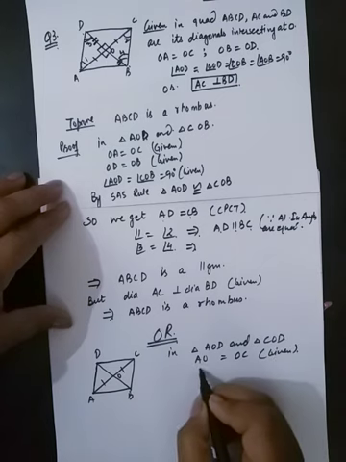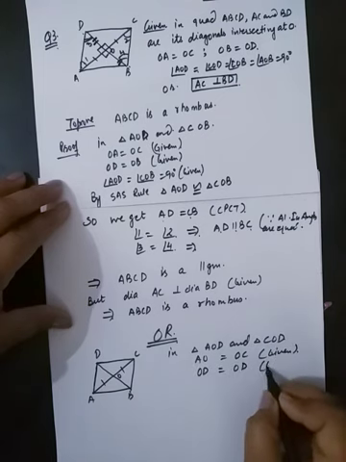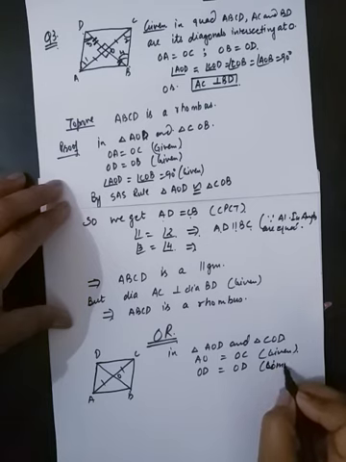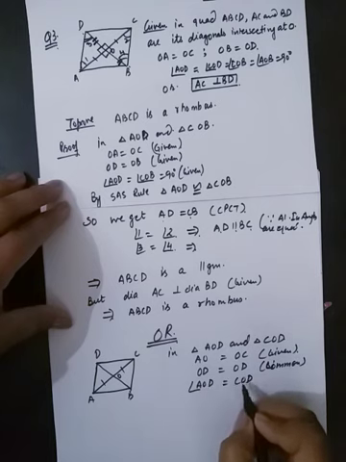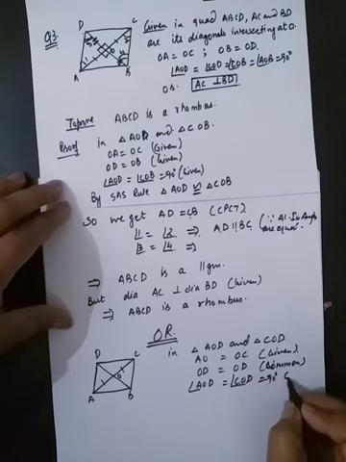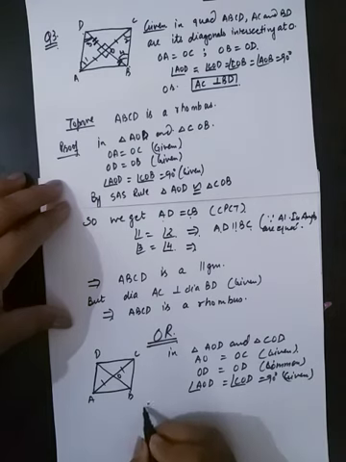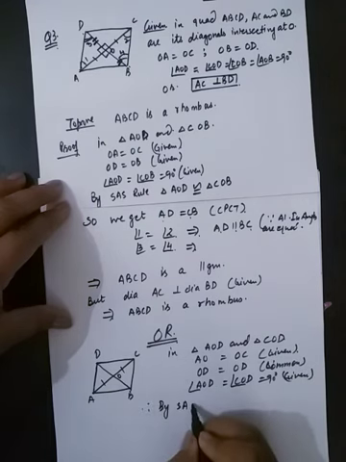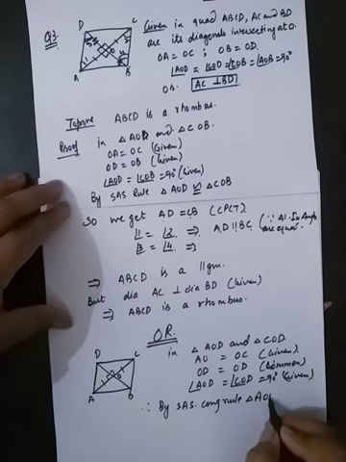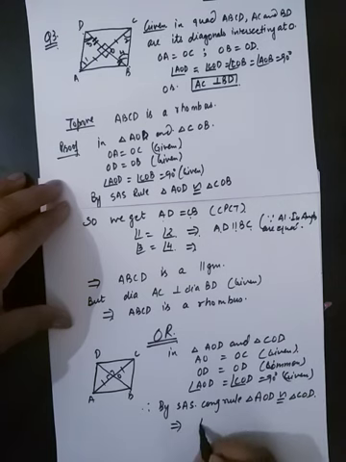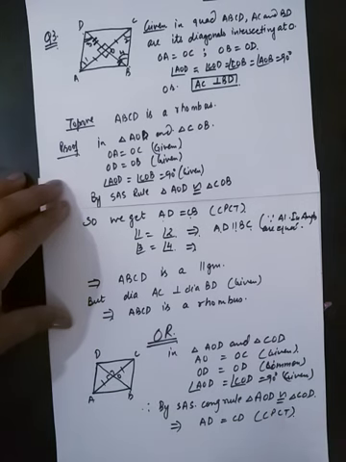This is given. OD is equal to OD. This is common. And angle AOD is equal to angle COD is equal to 90. This is given. So therefore, by side angle side congruency rule, triangle AOD is congruent to triangle COD. So we get AD is equal to CD by CPCT.